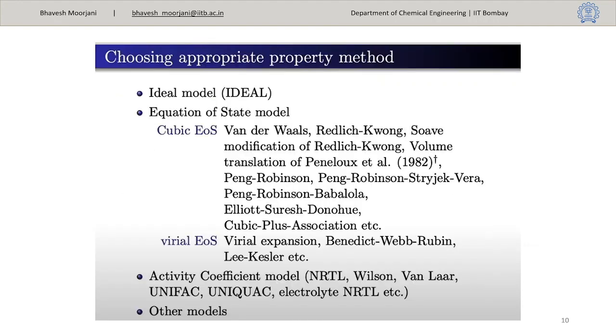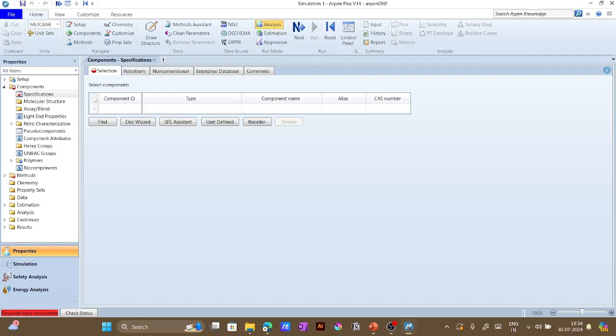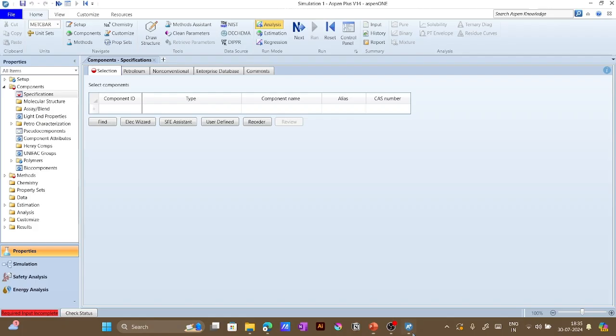Now when we talk about the model selection part, rather than just going into the theory, I want to discuss that in Aspen. Oh, now it's loaded. So let's dive into the interface of Aspen Plus, and again we will be discussing this property selection part also.